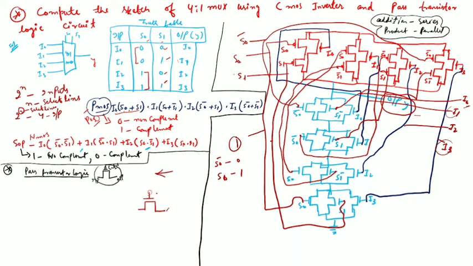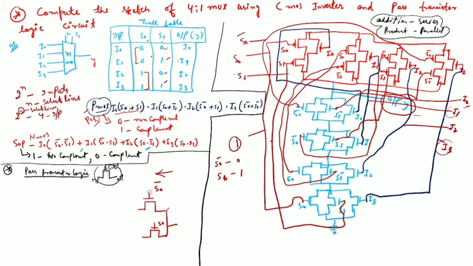So here there are two states only for S0: S0 complement and S0. S0 complement means this is 0, and for S0 only, the 1 is selected, zeros and ones for this.